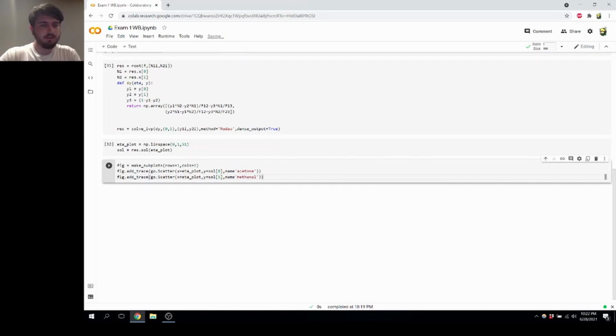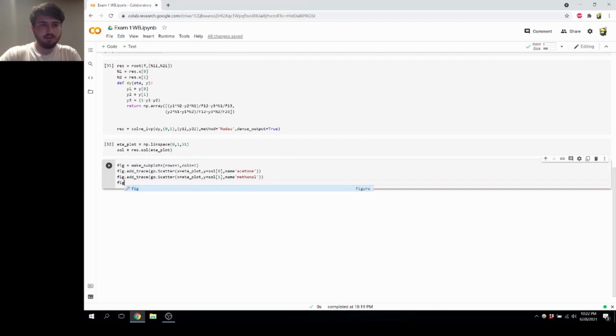And then for this one, y3 is just 1 minus these two, so we can have that as 1 minus sol 0 minus sol 1 solution. And we're going to change the name for that to air.